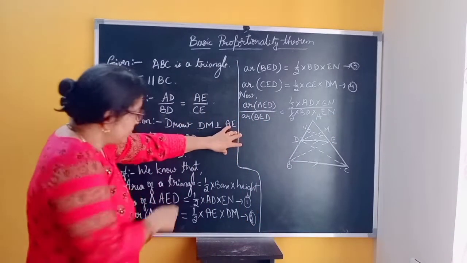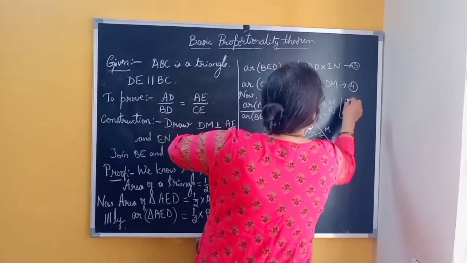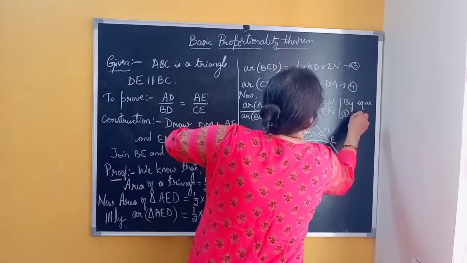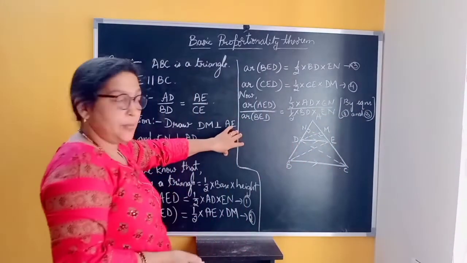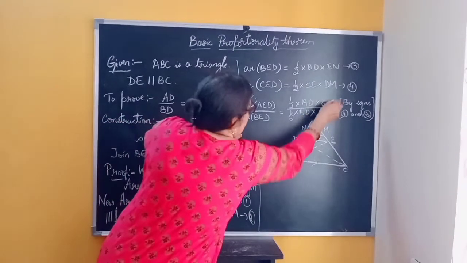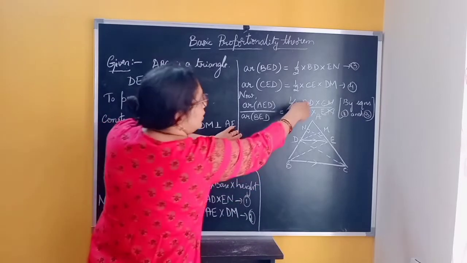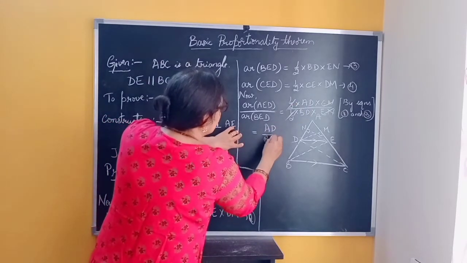How did we get this? By equations 1 and 3. Now what happens? EN gets cancelled. Half gets cancelled. So what remains? We have AD by BD.